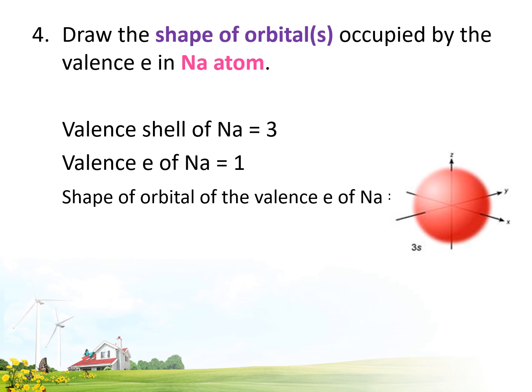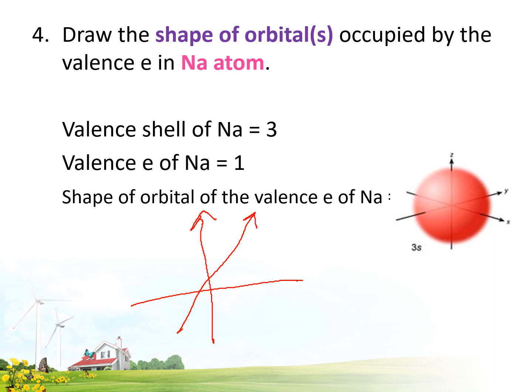Question 4. Draw the shapes of orbital occupied by the valence electron in sodium atom. As we have known, the valence electron for sodium is only 1 electron. So we need to draw the shape. We have learned this in the previous lesson. So let's just draw the y-axis.